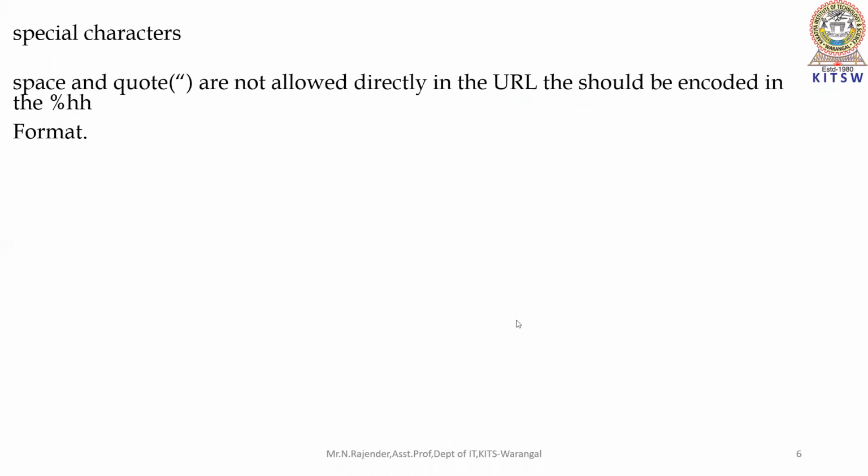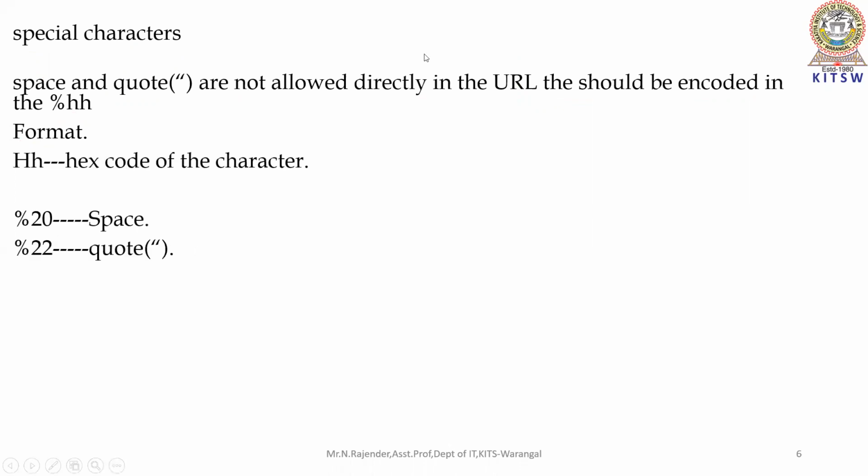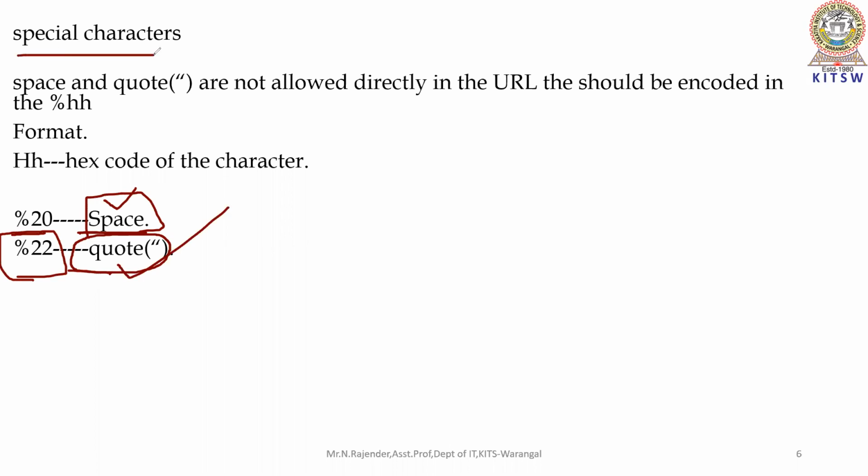What is that format? When we pass %20 to a servlet by using the URL method, it means we are passing a space. When you use %22, it means a double quote. Like this, we can pass special characters to servlets with a URL. We have to use the hexadecimal code of those characters.